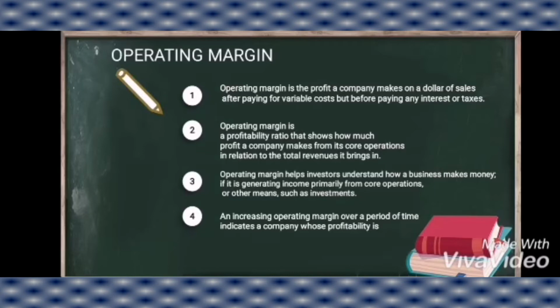Third, operating margin helps investors understand how a business makes money, whether it is generating income primarily from core operation or other means such as investment. And lastly, an increasing operating margin over a period of time indicates a company whose profitability is improving. So, pag taas imong operating margin, may possibility na mulambo pud imuhang business.